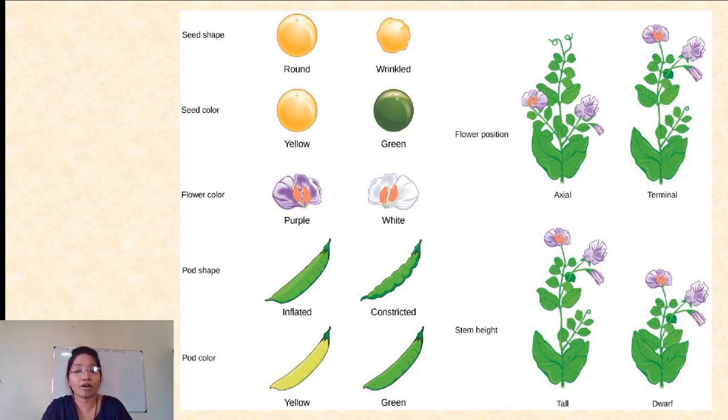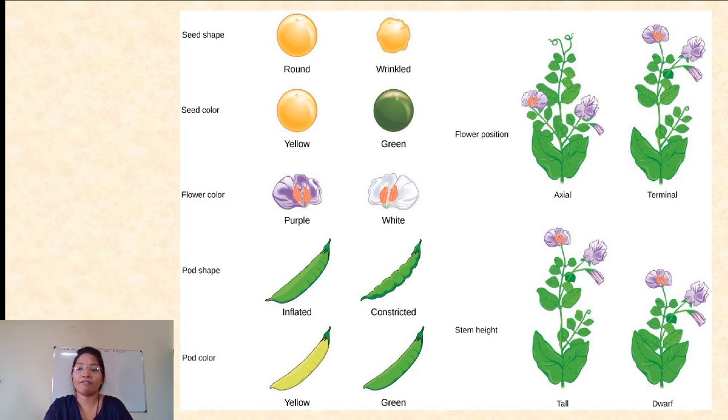Next, for seed color, yellow color is dominant and green color is recessive. For flower color, purple flowers are dominant and white flowers are recessive. Pod shape, inflated pods are dominant and constricted pods are recessive. For pod color, yellow pods are dominant and green pods are recessive.